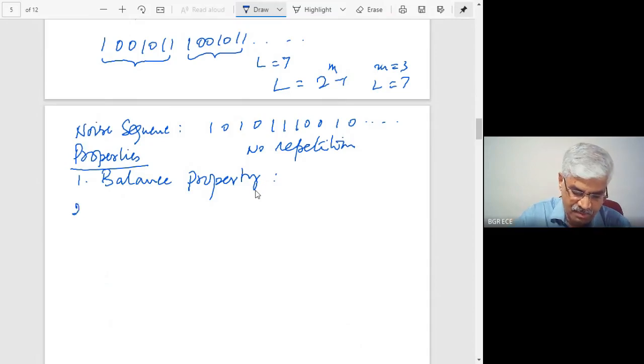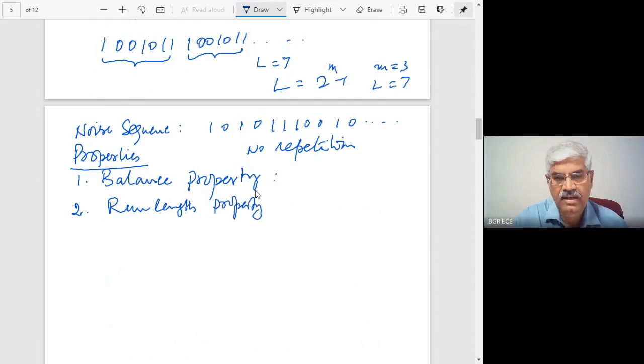Now, the second property is the run length property. If you generate a sequence where the number of ones and zeros are equal, it is not necessarily random. If all ones are together and all zeros are together, the number of ones and zeros will also be equal, but that is not called random.